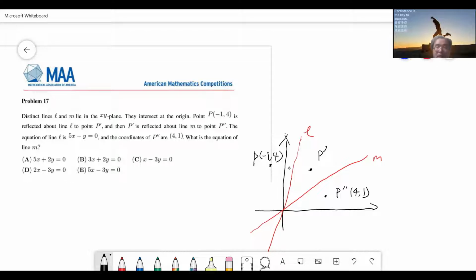Point P reflects over line L to P prime. And then from P prime, we go to P double prime at (4, 1). We can imagine there's going to be a straight line M between the point P prime and P double prime. We will find the equation of line M.